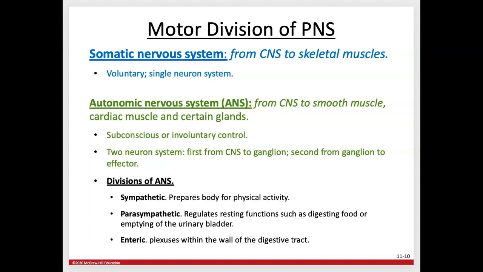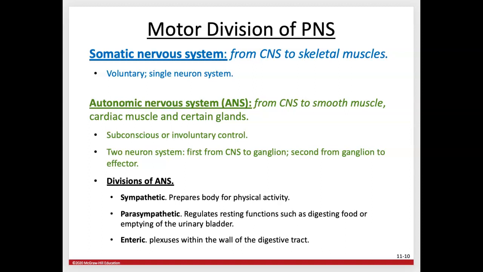Anytime you think of the skeletal muscles, think about moving them. You think about reading this PowerPoint with your eyes. You think about picking up your glass of water and drinking it. Those are all voluntary types of movements. So the somatic nervous system, directly associated with making skeletal muscles move, is voluntary. We have to think about it to happen.